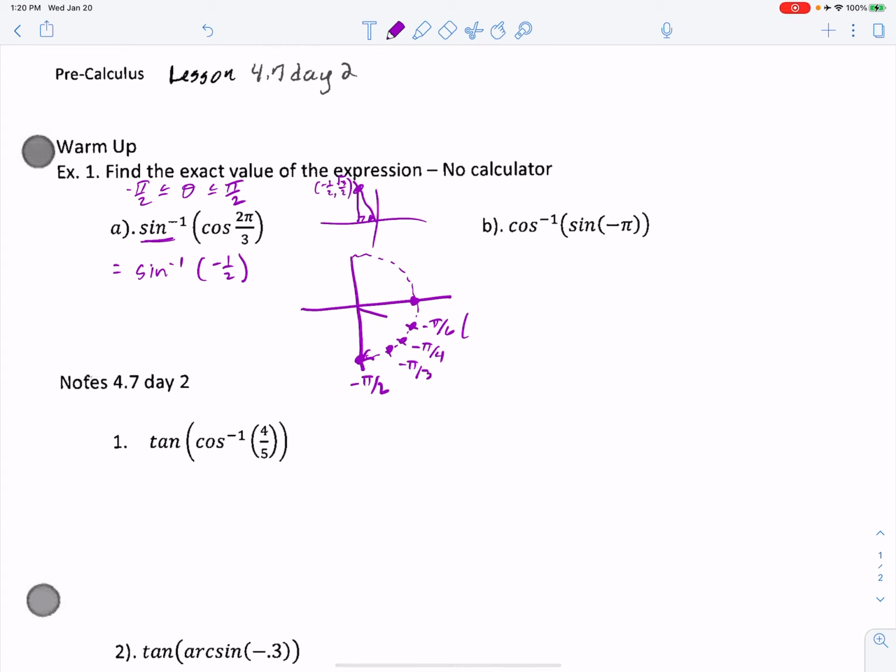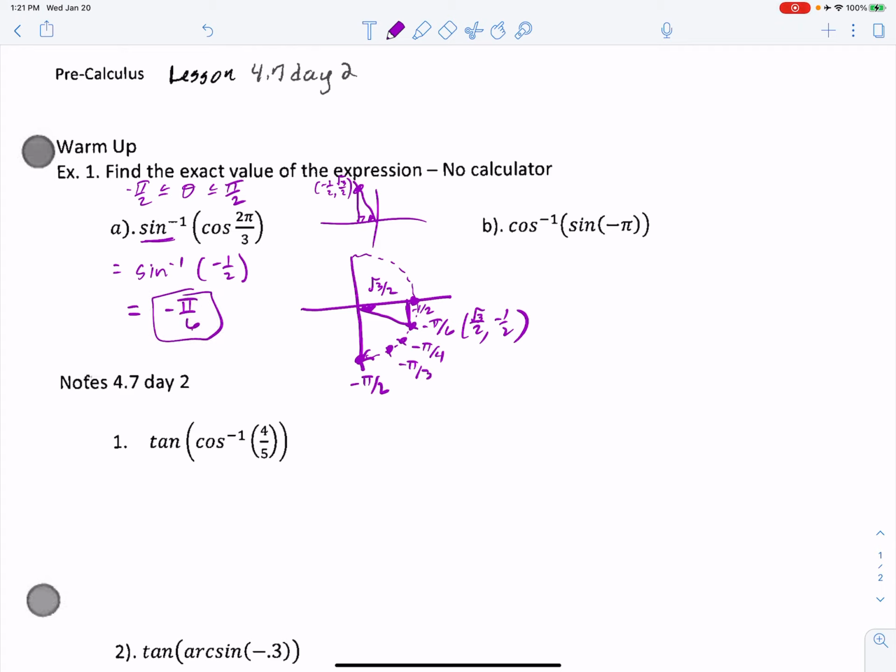If I was thinking about the triangle that corresponds with it, you would be going long and then down short. And so this is root 3 over 2 down -1/2. This reference angle is your pi 6 or 30 degrees. And so the y-coordinate of that angle is the -1/2. And so this inverse sine, the angle is negative pi 6.